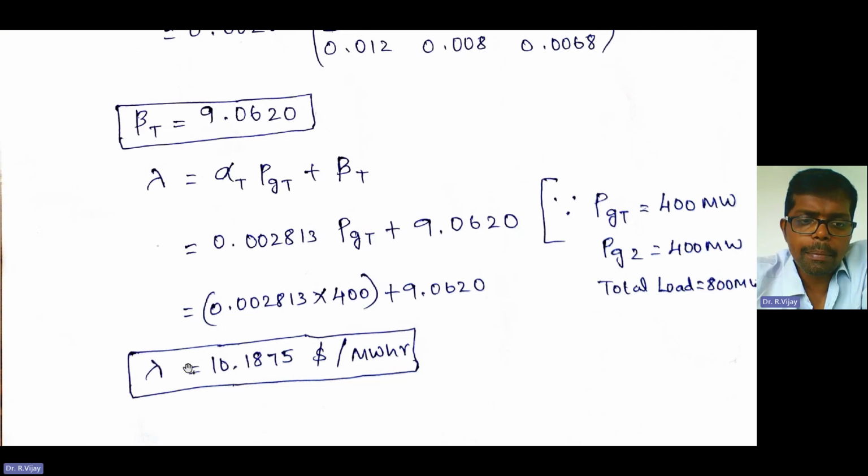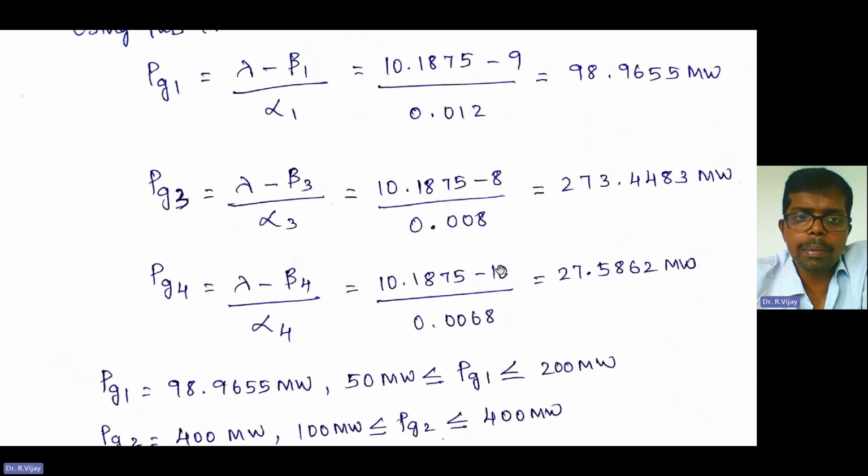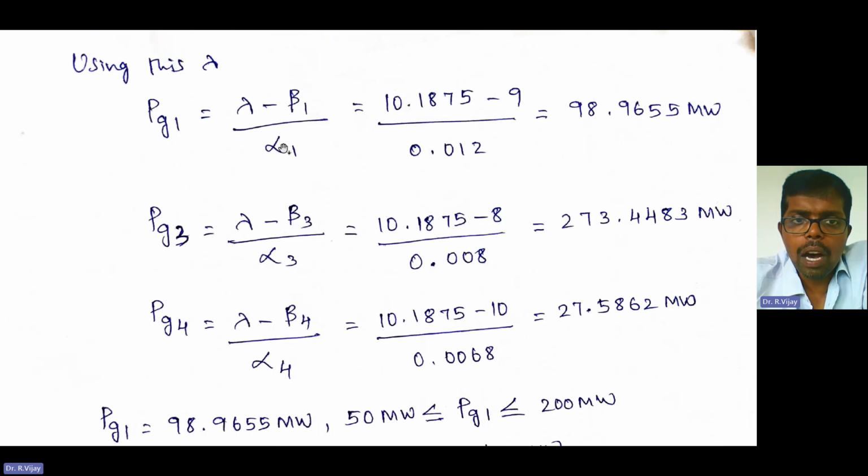Next, lambda is equal to $10.1875 per megawatt hour, as we calculated. Now with this lambda, we need to calculate PG1, PG3 and PG4 using the lambda iteration method, whose formula we already modified before.